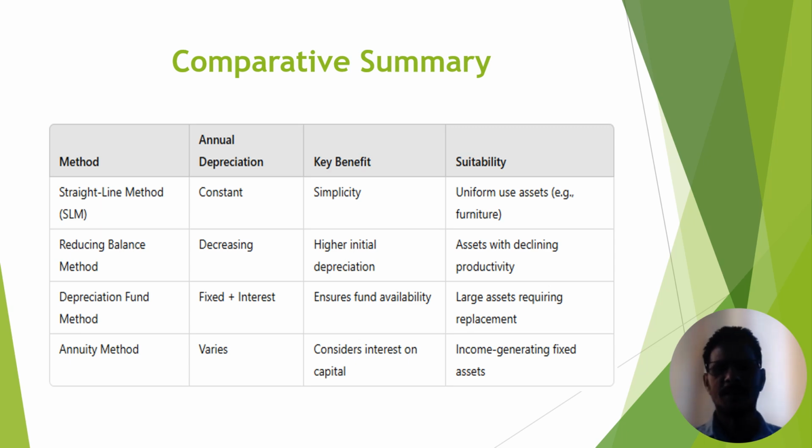This method is suitable with declining productivity. Suppose we purchase one machine and use it in production; with the passing of time, the machine's productivity declines. For that type of business you can use the reducing balance method.